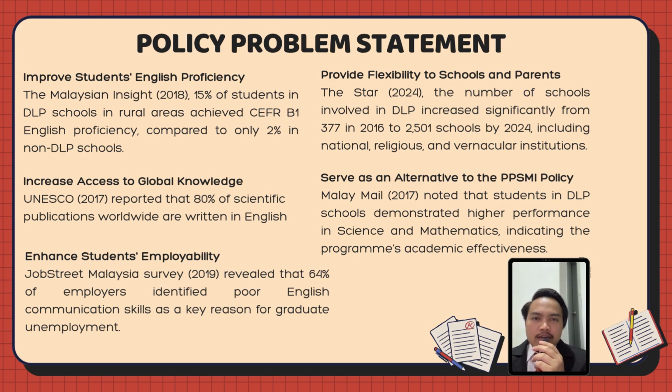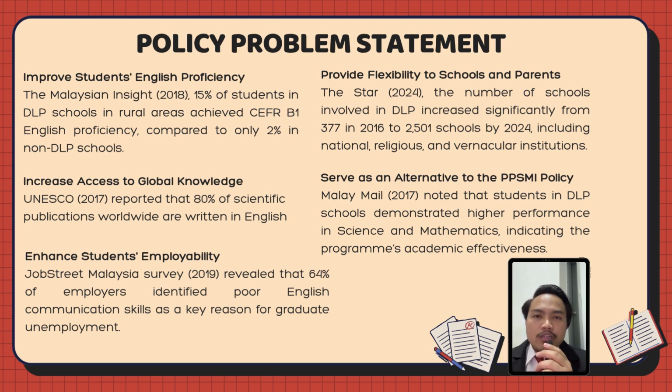The second main problem for DLP is to provide students with greater access to global knowledge. In today's interconnected world, most scientific research, academic resources, and global innovations are published in English.